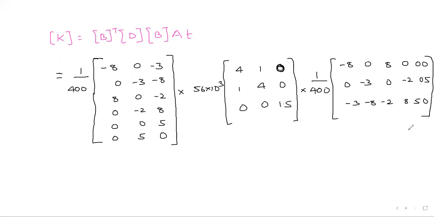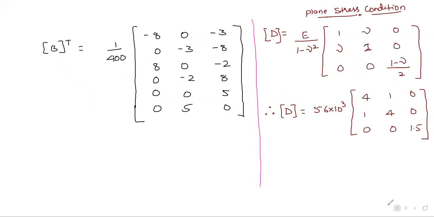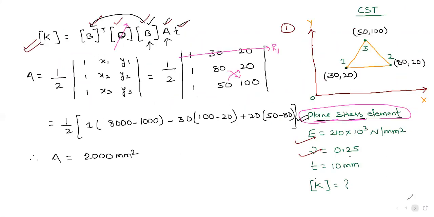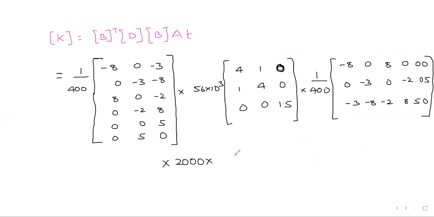This is our B matrix, into area. Into area we have already calculated 2000 mm square, into thickness. Thickness is given in the question. How much? 10 mm. So we take the thickness as 10 mm, into 10. Once you calculate these things, you will get the stiffness matrix.